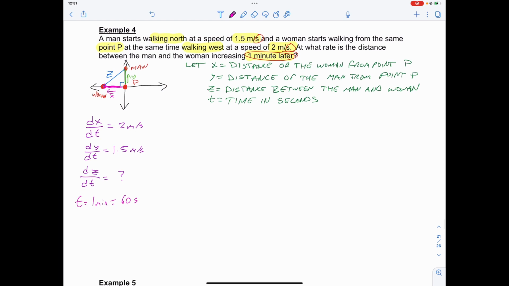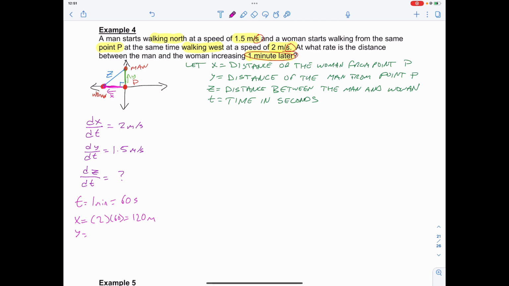Well, if my t value is 60 seconds, then that means that my x is going to be my speed times my time. Sorry, not 1.5 for x, 2 times 60, which is 120 meters.